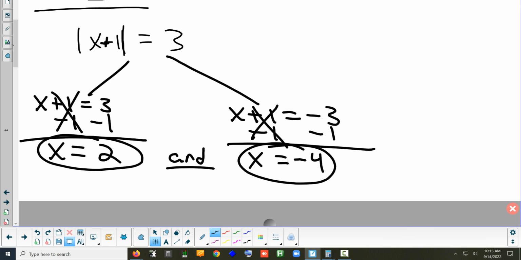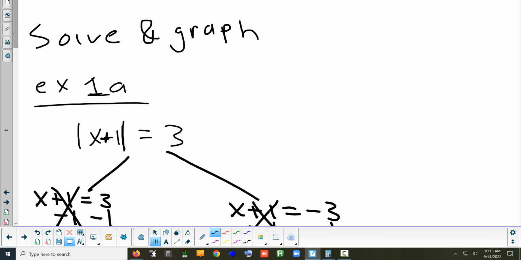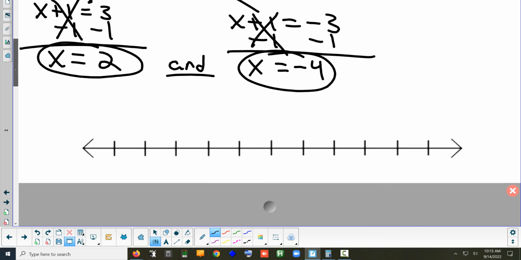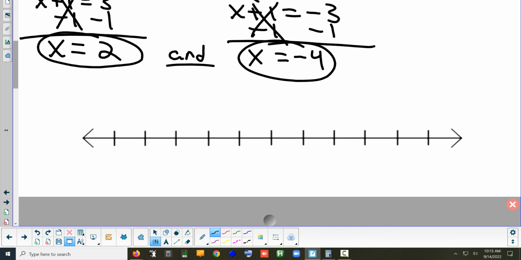The number line? Oh, did it say graph? Okay, so I should probably scroll down. Yep, here's the number line. So to graph your answer, all you have to do is put a dot on the number. You guys don't have the number line filled in, so we need to fill it in.